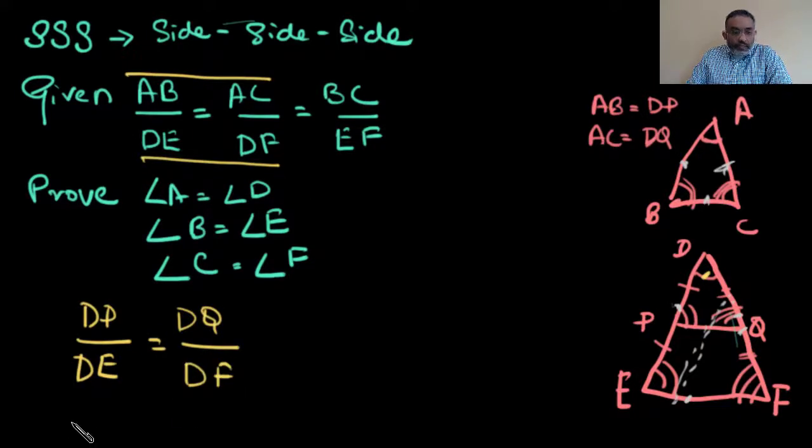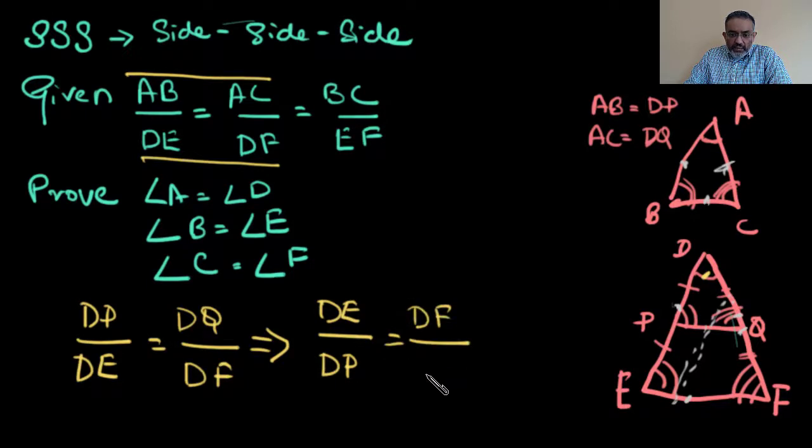Now we will invert this, and we are going to make some adjustments by adding and subtracting 1 on both sides. So let me show you. We will do DE divided by DP is equal to DF divided by DQ.